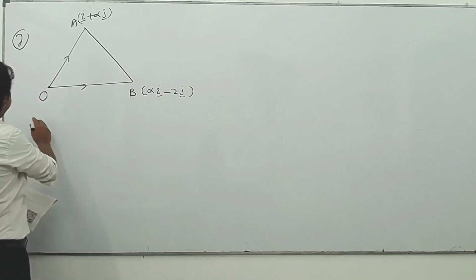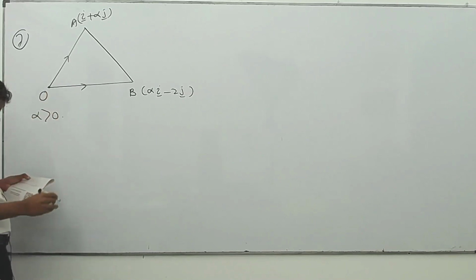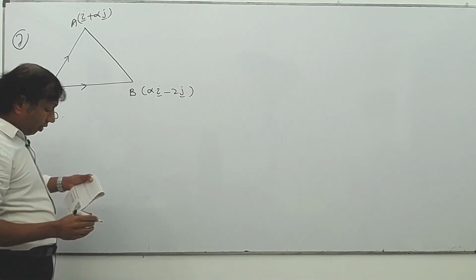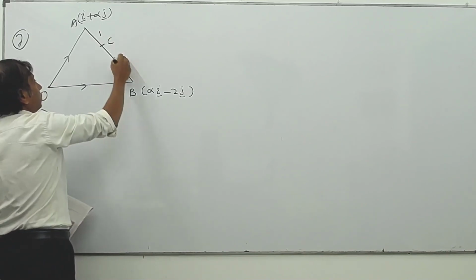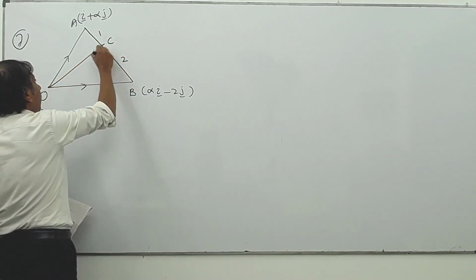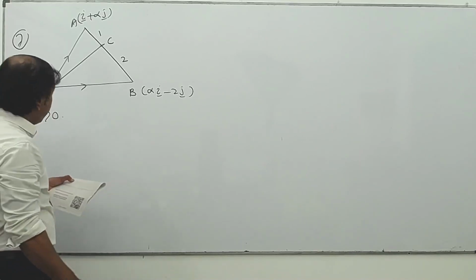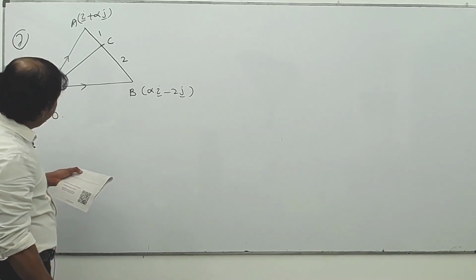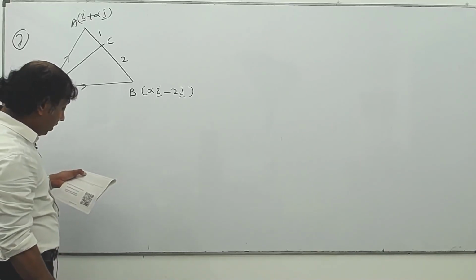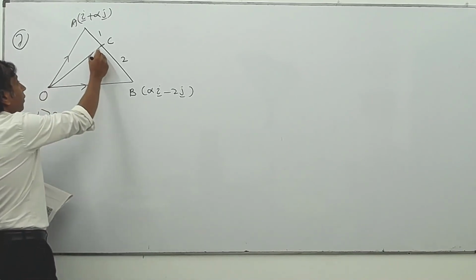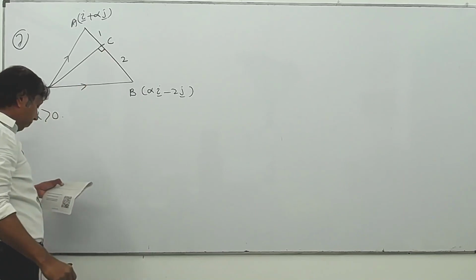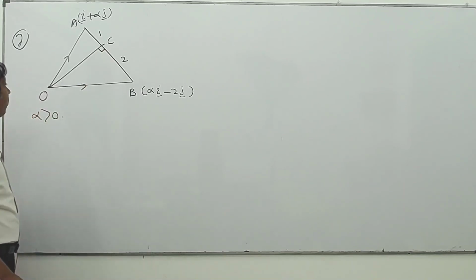Now C is a point on the line AB such that AC to CB is 1 is to 2. AC 1, CB 2. It is given that AB is perpendicular to OC. This is 90. Good. Find alpha. Yes, we'll write this way, people.